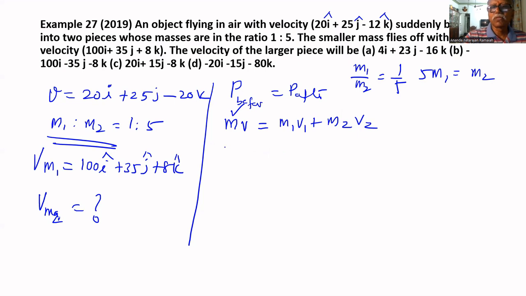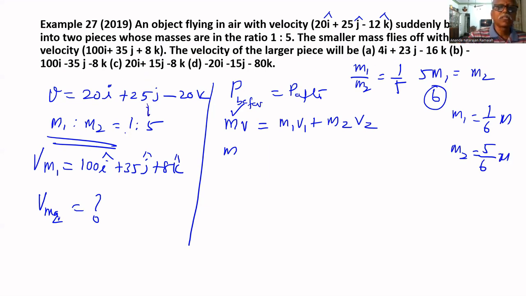So we can substitute M. In total, how many pieces? 6 pieces. If you put 6, 1 by 6 is M1. Therefore M1 equals 1 by 6 M and M2 equals 5 by 6 M. If you add these two together, you get 6. So we can substitute all this.